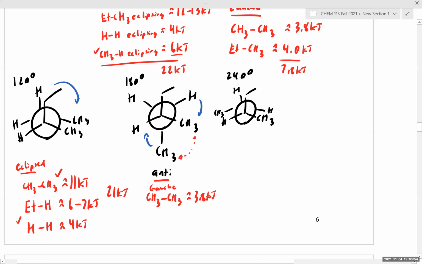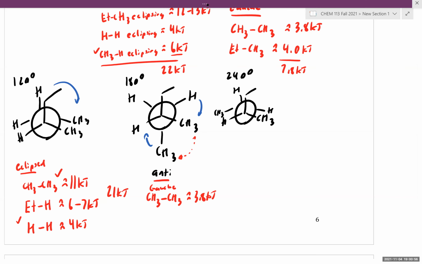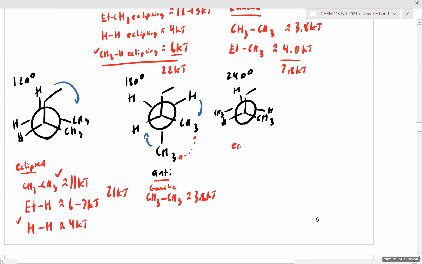Okay, so we have our third conformation. It's an eclipsing conformation. And what interactions do we have in this eclipsed conformation? We have methyl hydrogen. Sure. So we have a methyl hydrogen interaction. We have 2 of them.